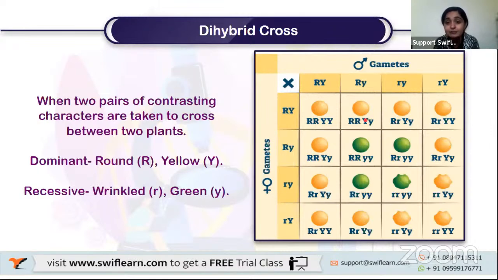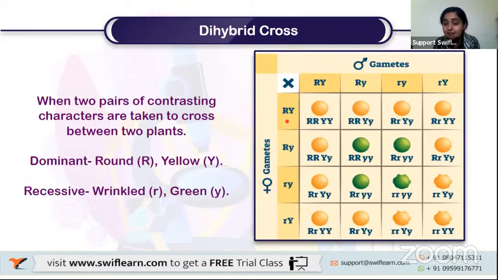On the other hand, if you keep this constant, RY, that is round and yellow, but the gametes were both r and y, but again, here, what are the dominant ones? These capital R and capital Y, that is round and yellow. So the progeny over here will be round and yellow.